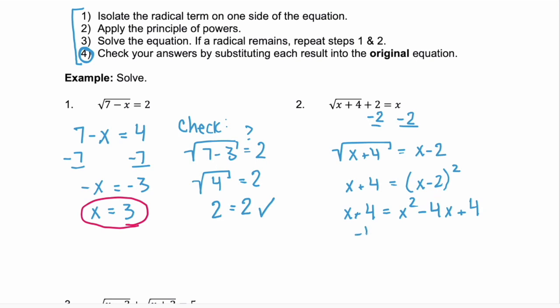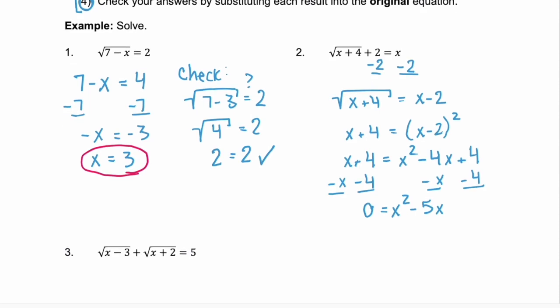Now we can subtract 4, and we can subtract x from the left-hand side, and we have 0 equals x squared minus 5x. We need to keep on solving. So this is technically x squared minus 5x equals 0.